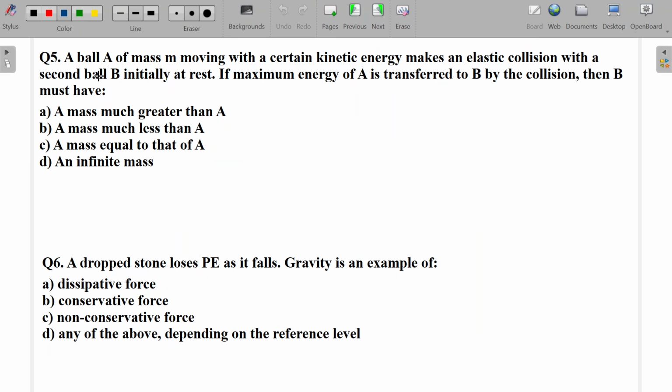So now, question 5. A ball A of mass m moving with a certain kinetic energy makes an elastic collision with a second ball B initially at rest. If the maximum energy of A is transferred to B by the collision, then B must have: A, a mass much larger than A; B, a mass much less than A; C, a mass equal to that of A; D, an infinite mass.